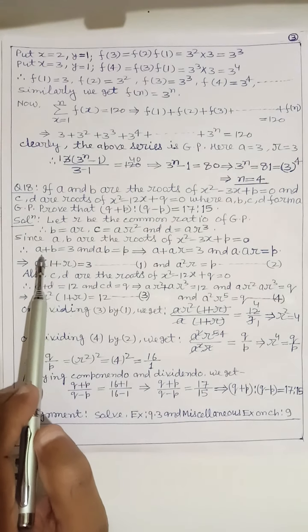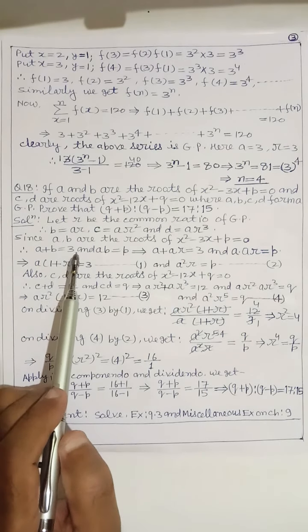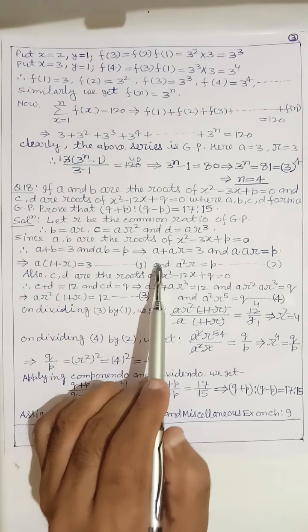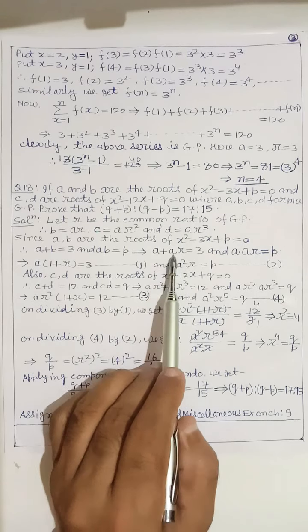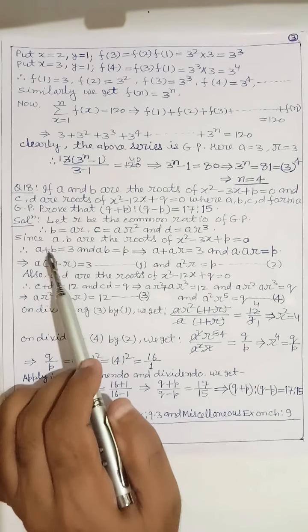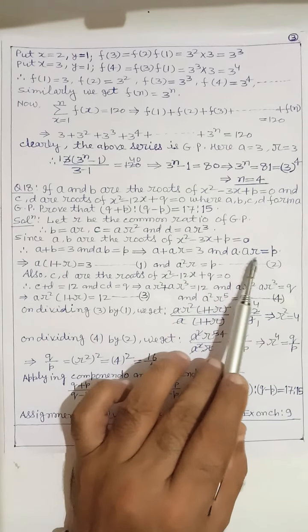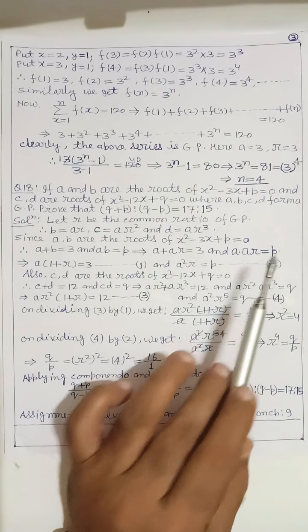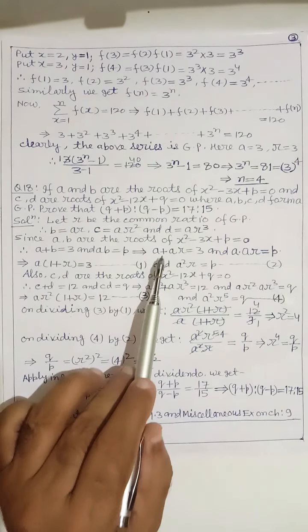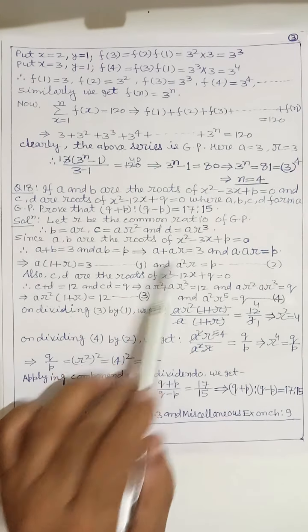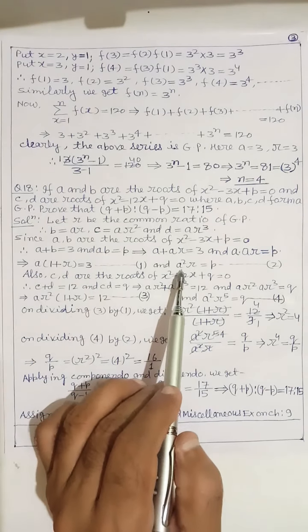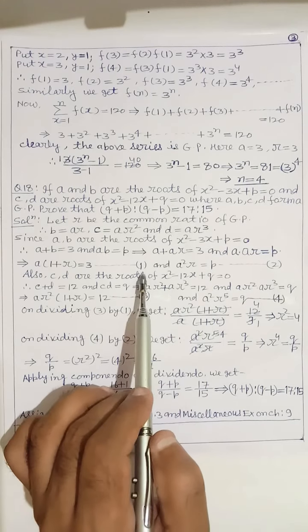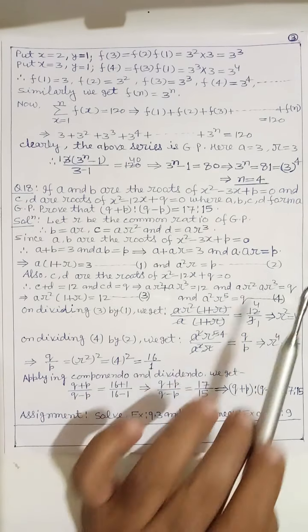And here putting the value of a and b, we can write a plus ar is equal to 3 and a into ar equal to p, and if we take a as common, we get a into 1 plus r equal to 3 and a square r is equal to p. This is first and this is second.